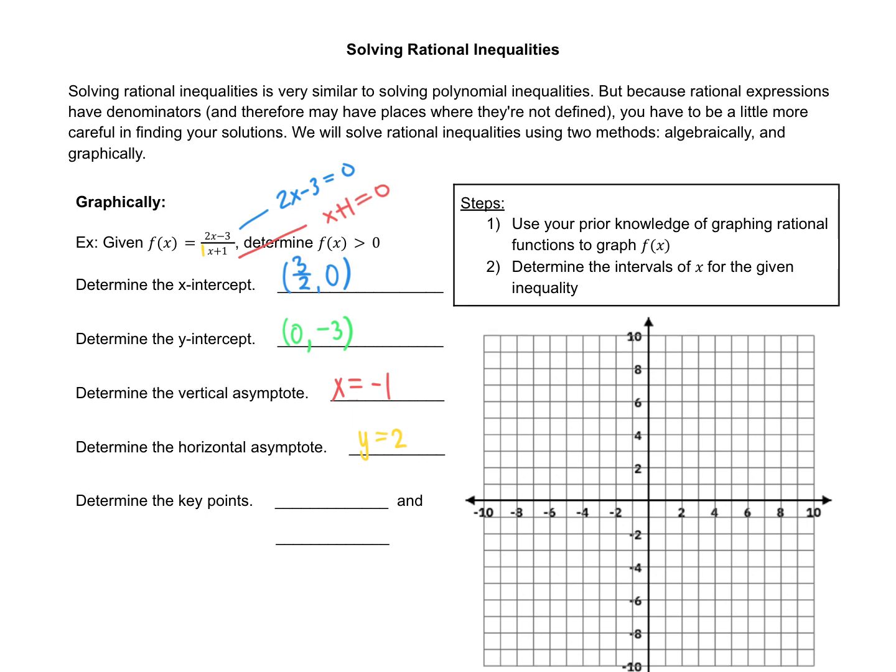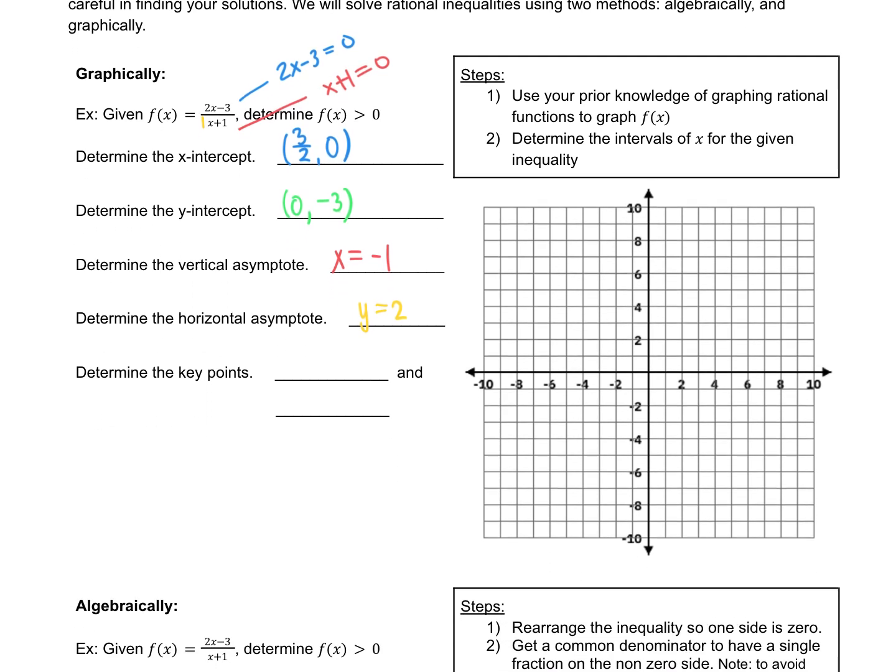And now I'll just start roughly plotting these values on my grid just to get a visual before I go to my key points. So there's my vertical asymptote, there's my horizontal asymptote, and I'll just label the lines. We have an x-intercept at 1.5 and a y-intercept at -3.